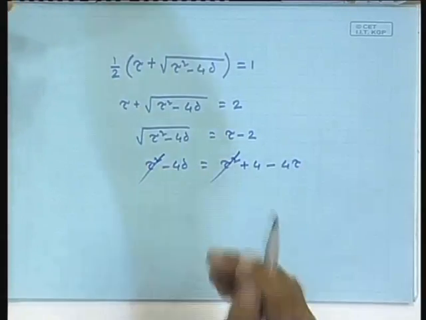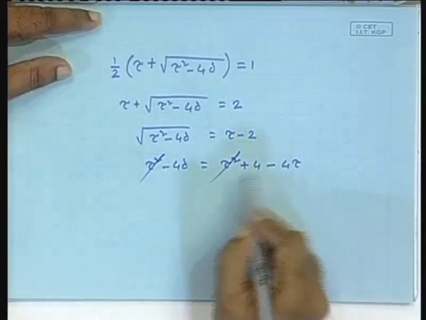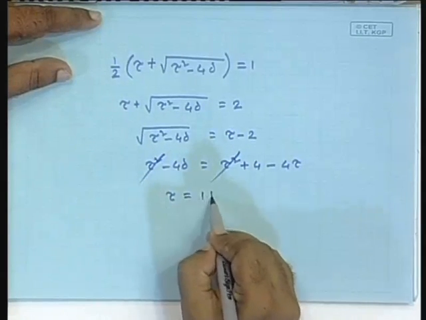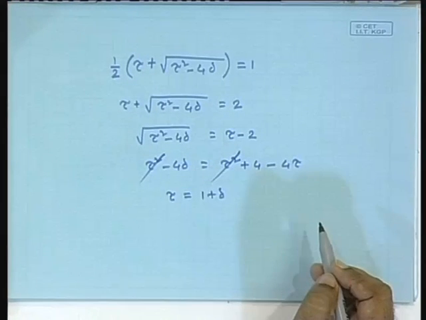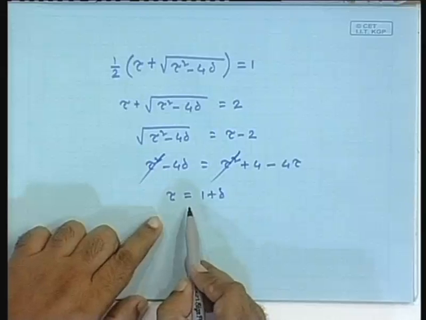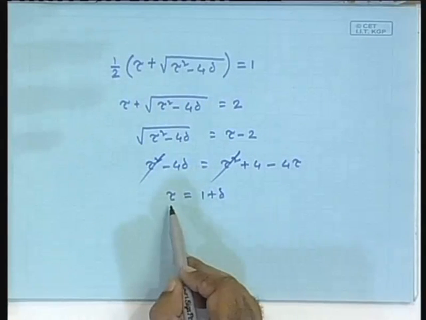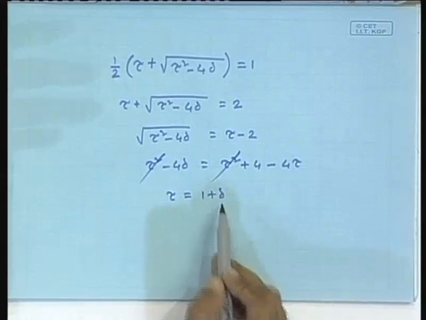So, you get tau equal to, fine. So, that is the critical condition, and the fixed point will be stable so long as tau is less than 1 plus delta, and it will be unstable if it is greater than 1 plus delta.